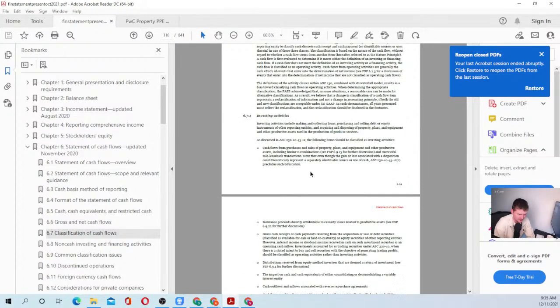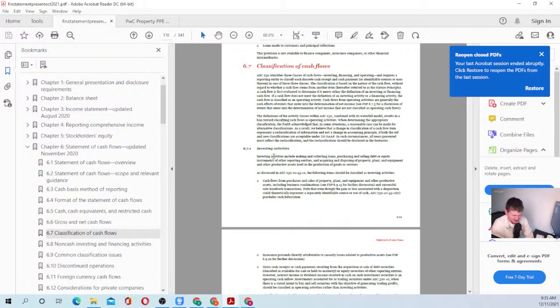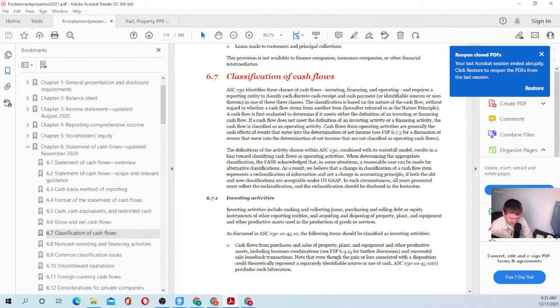So they basically define investing activities as those activities which include making and collecting loans, purchasing and selling debt or equity of other reporting entities, and acquiring and disposing property, plant and equipment and other productive assets used in the production of goods and services. So basically, investing activities is whatever you invest in, loans you issue to someone, and later you will collect the principal. It will also be an investing activity.